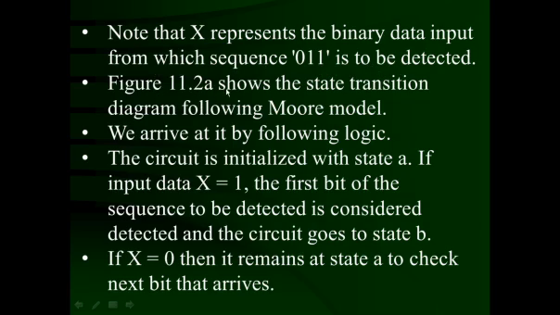Figure 11.2a shows a state transition diagram following the Moore model. We arrive at it by following this logic. The circuit is initialized with the state A. If input data x is 1, the first bit of the sequence to be detected is considered detected and the circuit goes to the state B. So what it says is, figure 11.2a shows a state transition diagram following the Moore model.